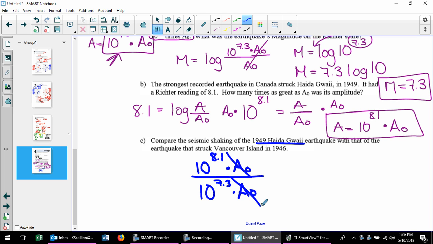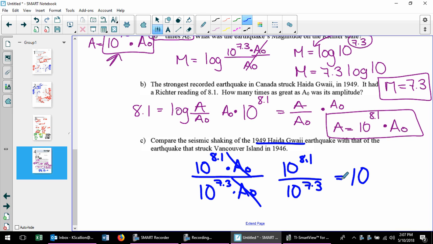Okay, so now we've got 10 to the exponent 8.1 over 10 to the exponent 7.3. Let's pull out some grade 9 math skills. What do we do? We have the same base, so we keep the base. What do we do with the exponents?